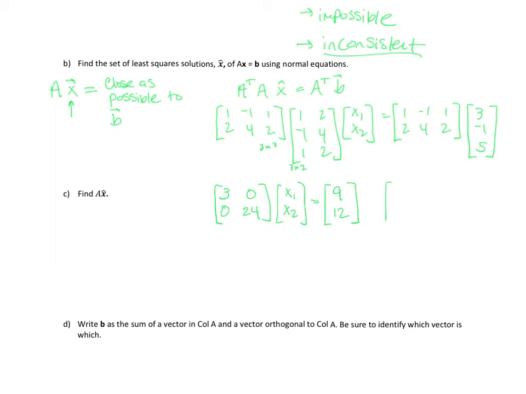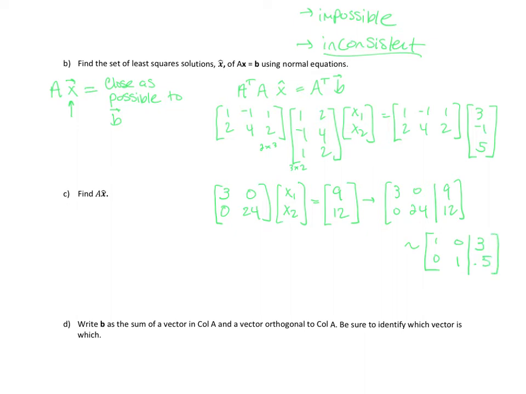So I'm going to do 3, 0, 0, 24, augmented with 9, 12, and row reduce. This will reduce to 1, 0, 0, 1, augmented with 3, 0.5.